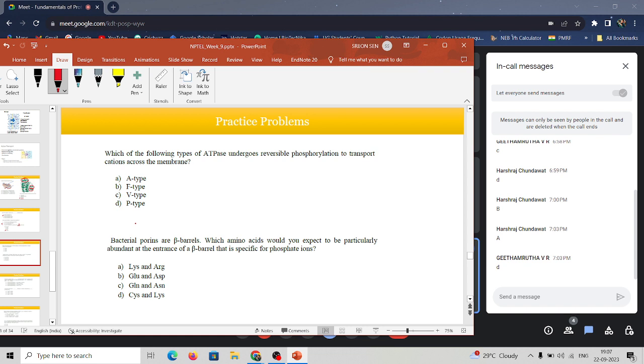If you classify different kinds of ATPases, you can find that they differ in different categories. Some differ in function and some differ in structure. This category is based on structure, where you have the F, V, A, and P types of ATPases.